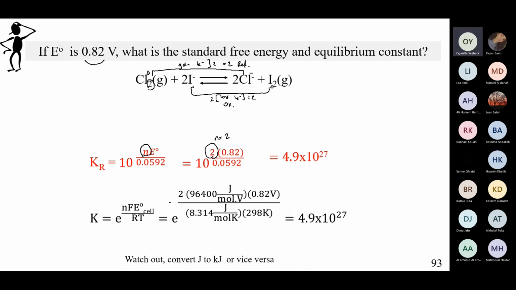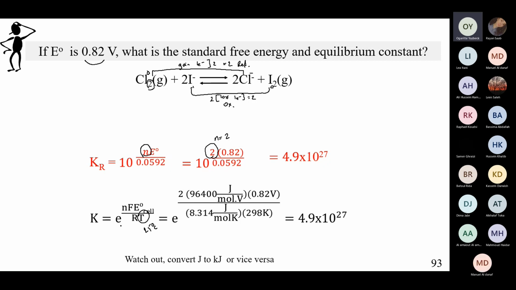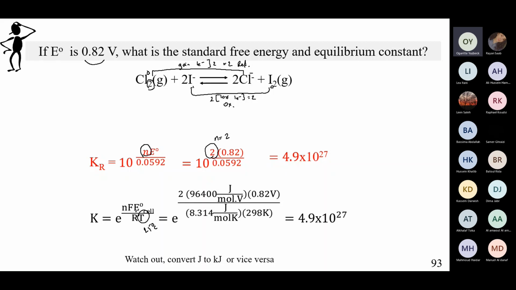Of course, solve. Now, if this was not at 25 degrees Celsius, I want to on purpose put this, that you have to go back to the original form, which is ln K. Thus, K is e to the power NF E naught cell over RT. Remember, it's the F over RT that gives the 0.0592 on the denominator end.